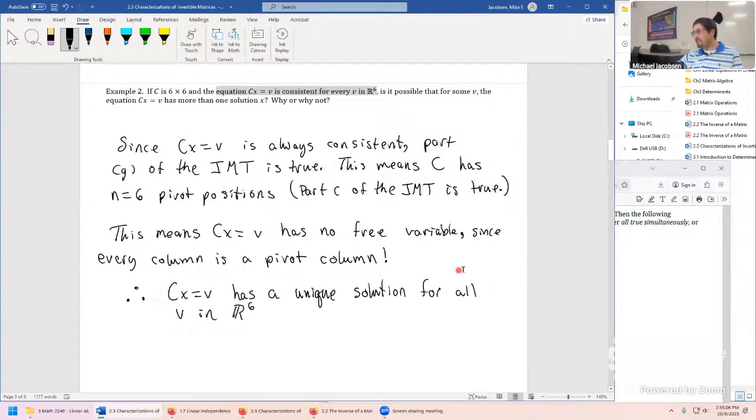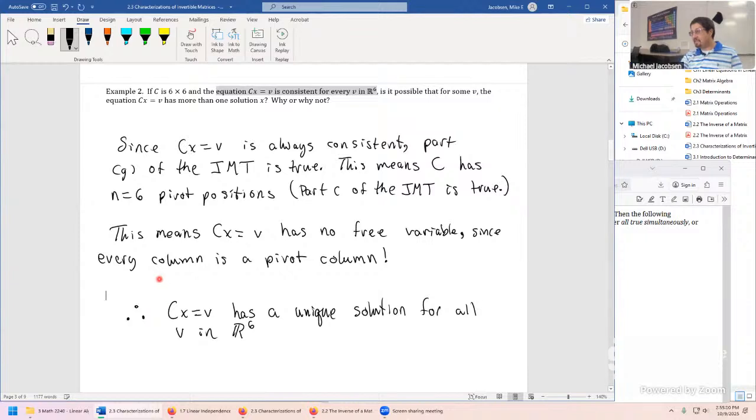So if you feel like you didn't totally say it in their statement, you could start off by saying, no, it is not possible. And then clarify, this would be the conclusion. It's always a unique solution, no matter what. So that's kind of an interesting set of information. If your matrix is square and the equation is always consistent, there's in fact a unique solution for every vector v that you pulled out of R6.